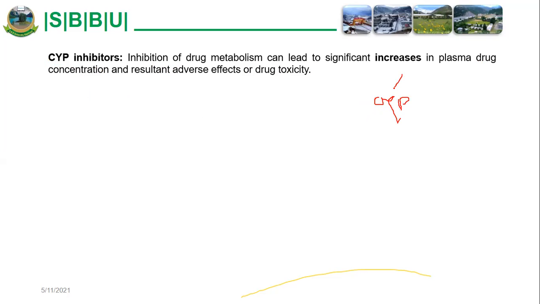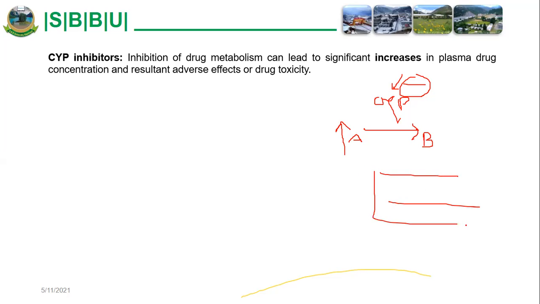If certain agents inhibit this system, the drug may not be converted from A to B. So the concentration of this drug may increase in the plasma, may exceed the therapeutic range and reach the toxic range, and toxicities may appear.